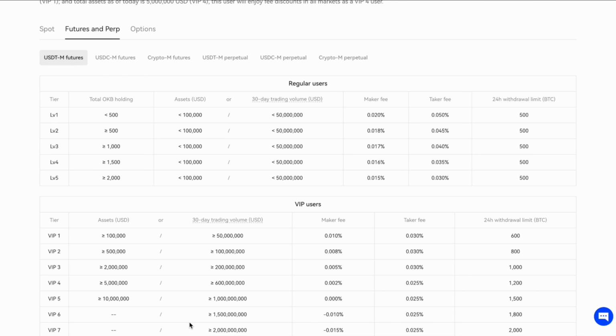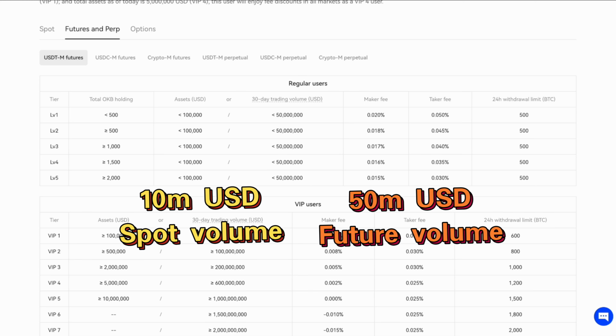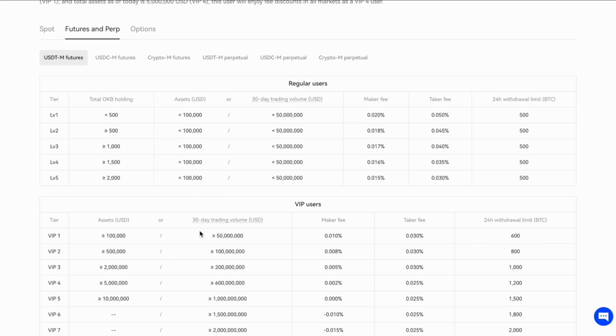To reach the VIP levels, you will need 10 million USD spot volume or 50 million USD future volume, which is already the highest tier at crypto.com. The great part is that no matter how you achieve the tier levels, so through asset balance, spot or future volume, you will be granted the tier level fees for both spot and future trading.